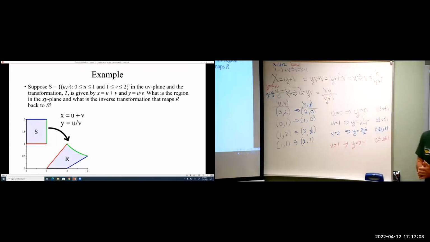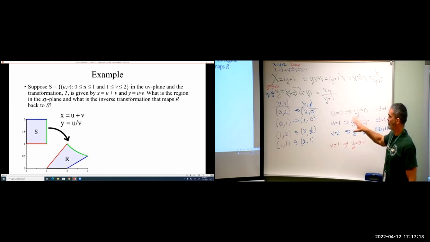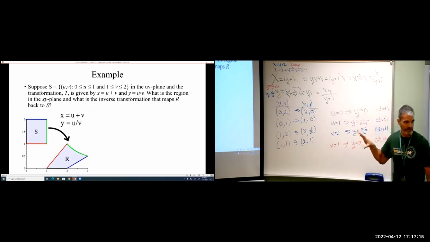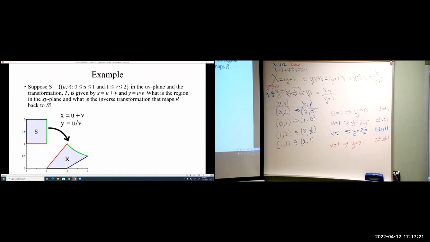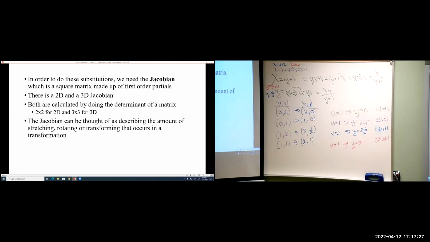That's what we're doing. Remember, this is a double variable example of u substitution. And so what we're doing is mapping between two regions, one in the xy plane and one in the uv plane. Now, where this is going to take us is that we're going to be doing these substitutions.